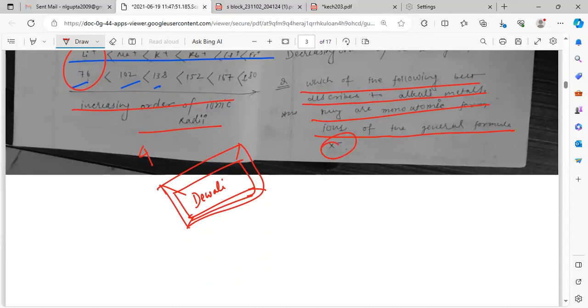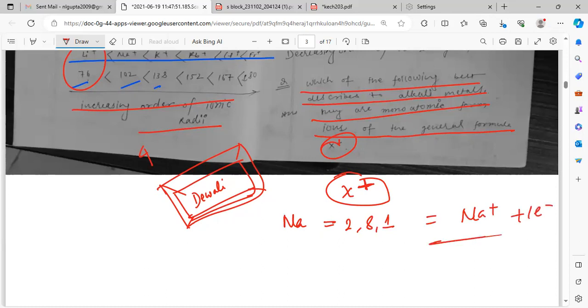They had many options, but alkali metals form ions of the general formula X plus, it cannot be X minus. Alkali metal like sodium, Na: all the alkali metals form Na plus, and one electron is lost. Getting? Getting.